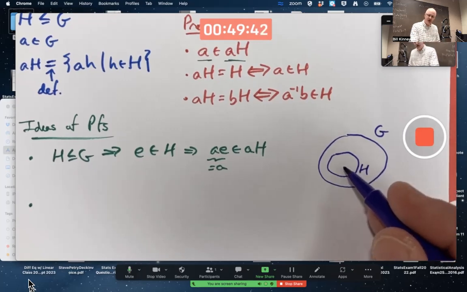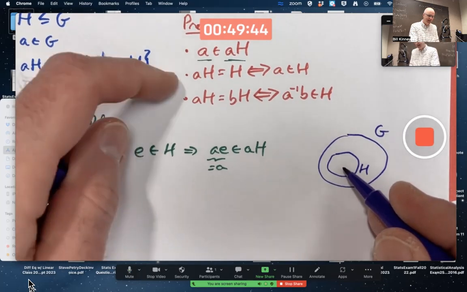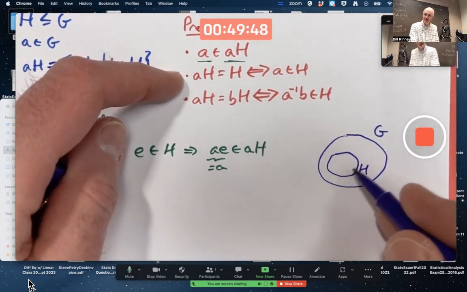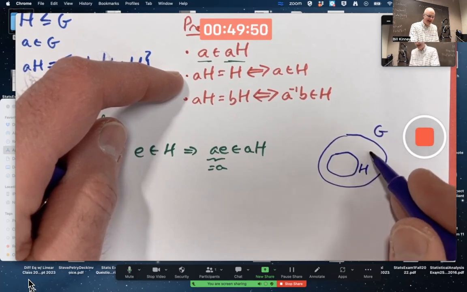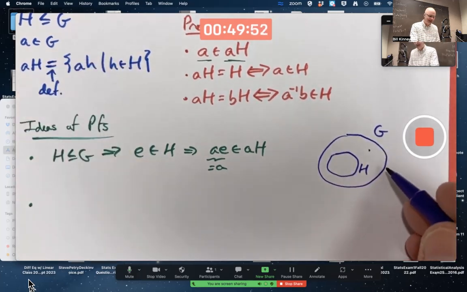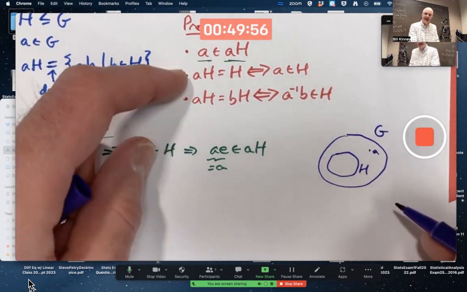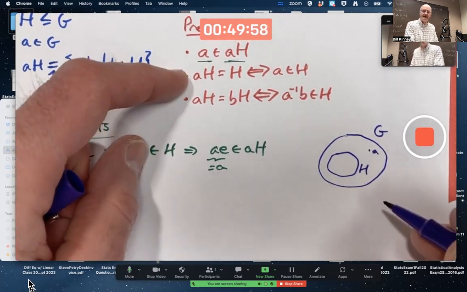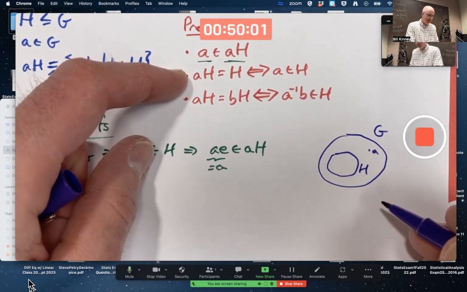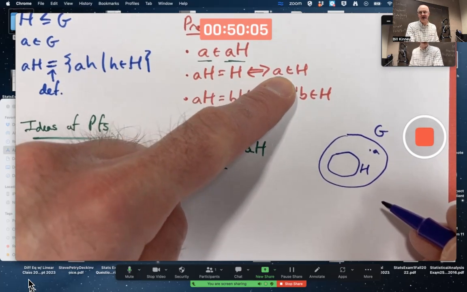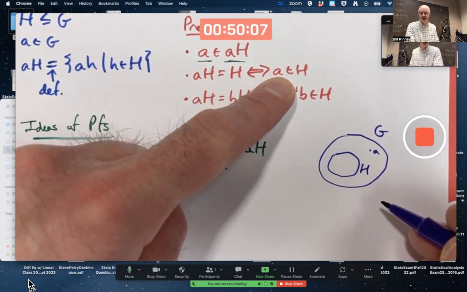If A is in H, then the left coset of H in G containing A equals H itself. If A is not in H, if it's over here, then evidently, thinking about the contrapositives of both of these, AH does not equal H if and only if A is not in H. That would be a true statement too.